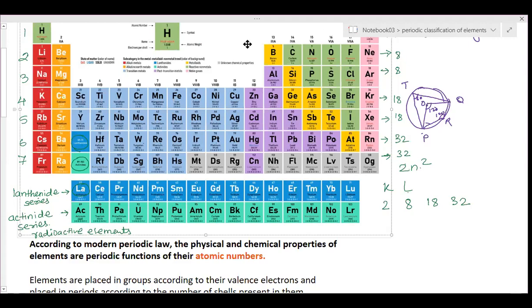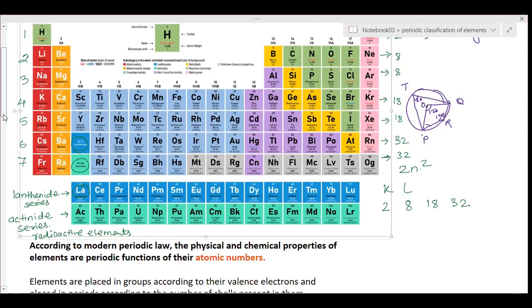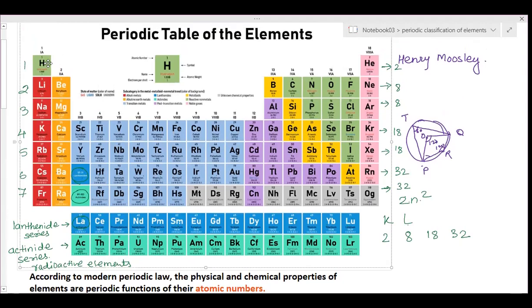Now, the number of elements present in each period. The K shell has a maximum capacity of 2 electrons. So there will be 2 elements, having 1 electron and 2 electrons in the K shell. So there are only 2 elements in the first period. The second and third periods have 8 elements each, depending on their electronic configuration.